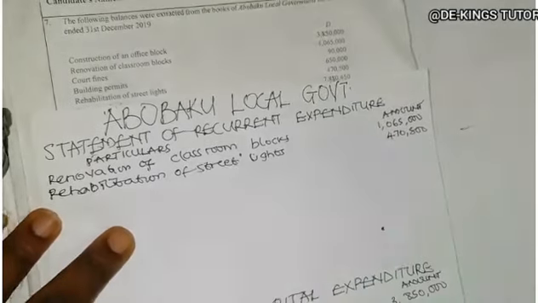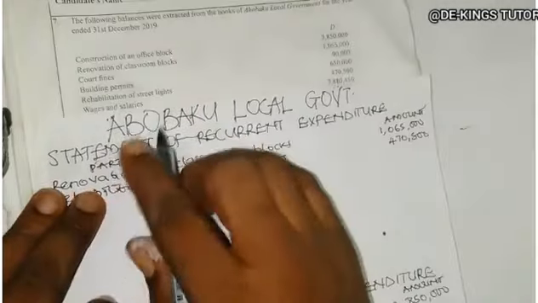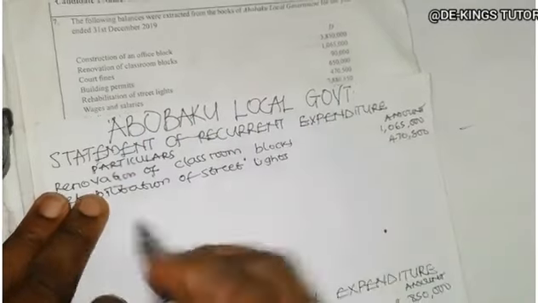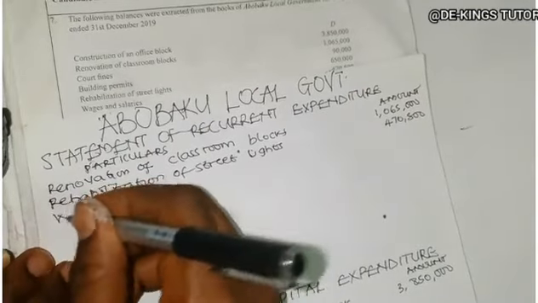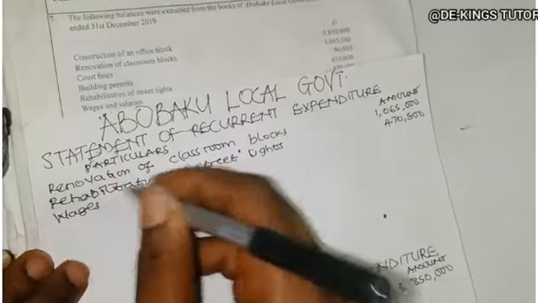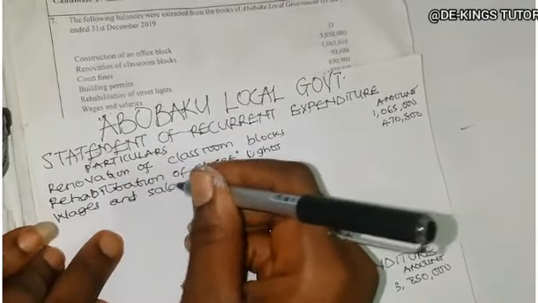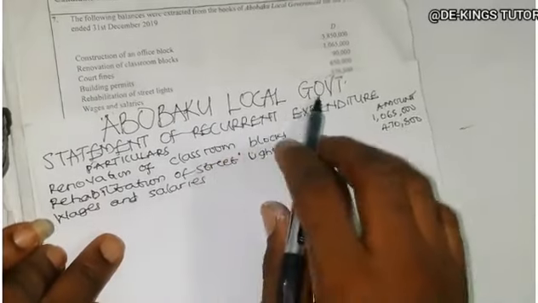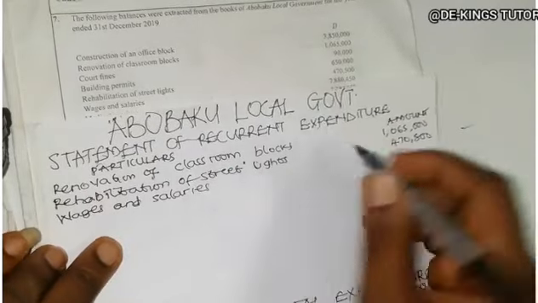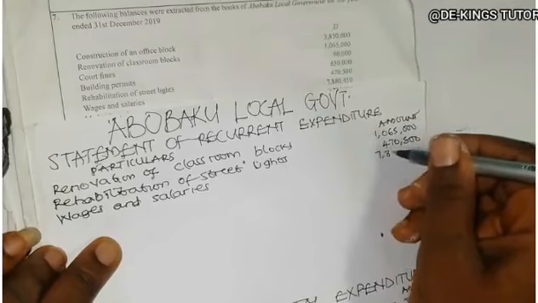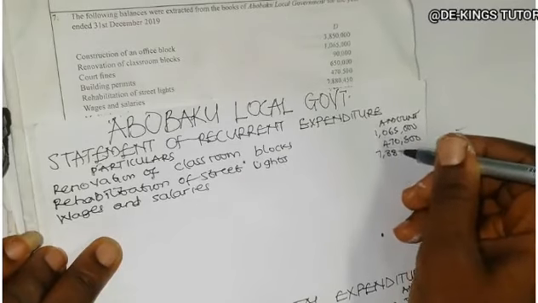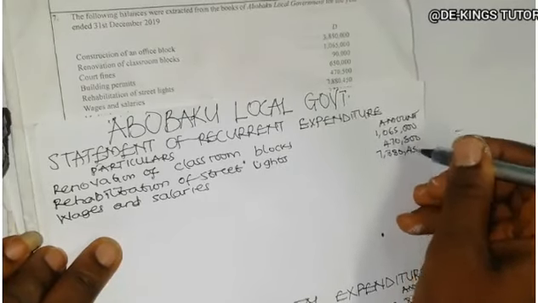The amount is 470,500. The next one said wages and salary. They pay their workers probably monthly, so it's a recurrent expenditure. So I have wages and salaries, 7,880,450.